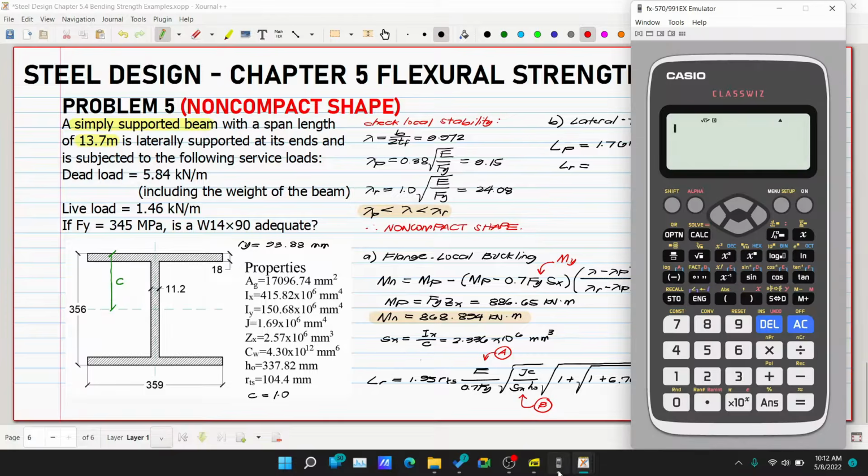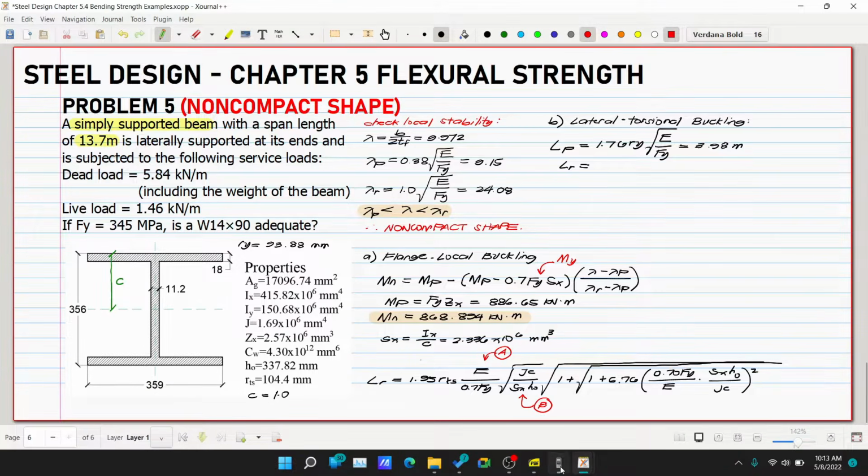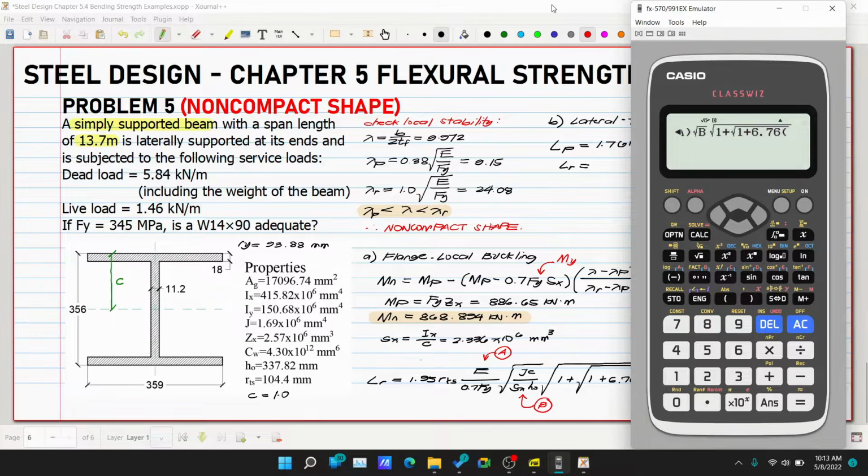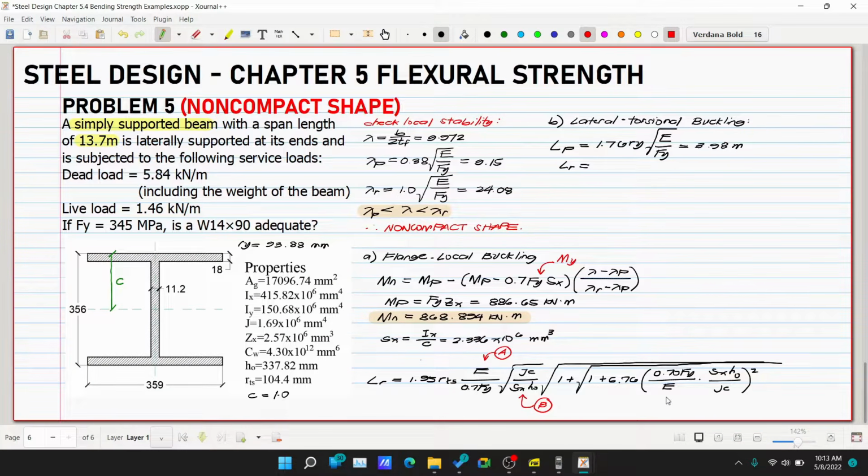Okay, so masasabi natin yung ating Lr, 1.95 rts, 104.4 multiplied by E over 0.7 Fy. Wait lang, check nga natin yung kanina. Okay, so tama naman, no? So, 1.95 times 104.4 times E, which is our alpha A, no? Ayan. Then, the square root of alpha B multiplied by the square root of 1 plus the square root of 1 plus 6.76 multiplied by, okay, ito kasi reciprocal to nung letter A natin, hindi ba?